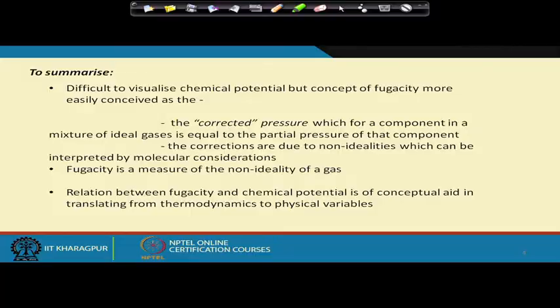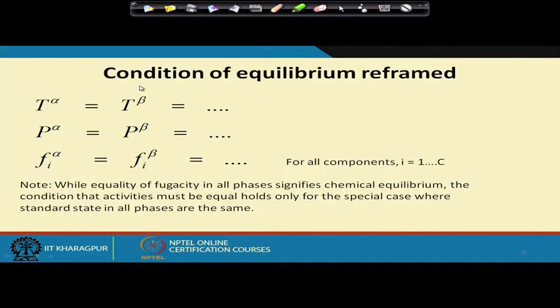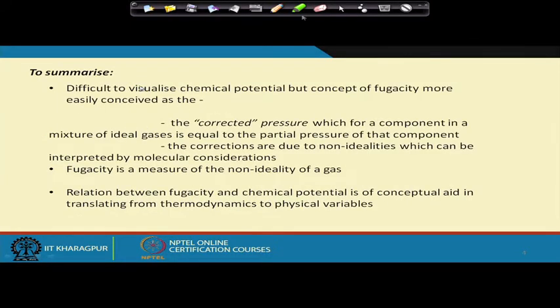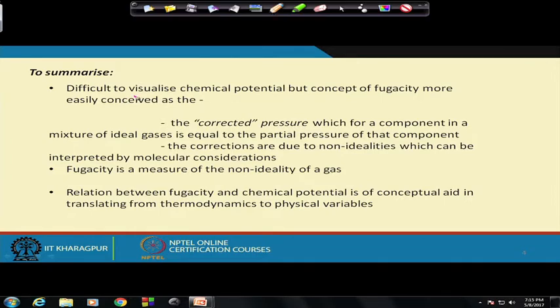So, therefore, to make matters simpler, I have just summarized the concept of fugacity, which you need to remember for understanding chemical potential and fugacity. Since it is difficult to visualize chemical potential, the concept of fugacity has been introduced.